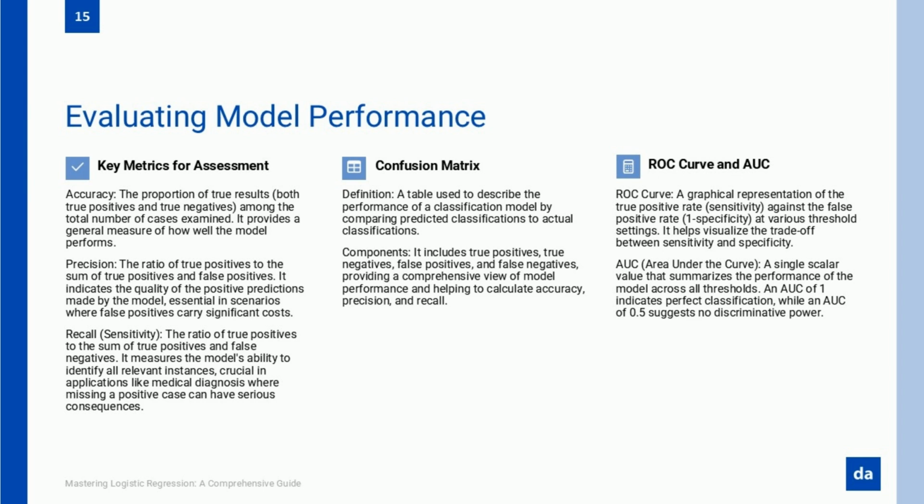F1 score is the balance between both, because in real-world applications, we often have to trade off between catching as many positive cases as possible and minimizing false alarms. But numbers alone aren't enough. We need visual proof. That's where the ROC curve comes in. The ROC curve, receiver operating characteristic curve, is like a lie detector test for your model.